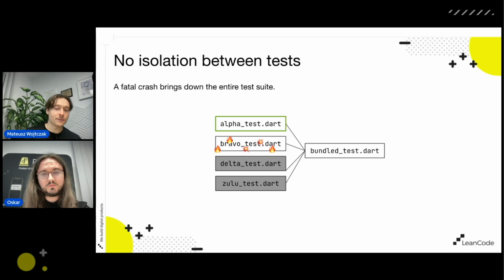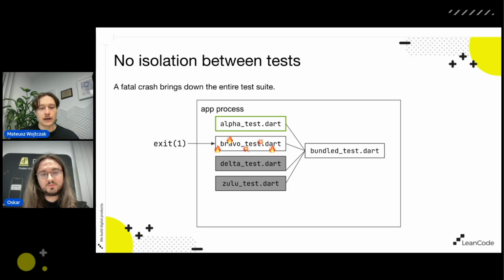Like you end up in a situation where some other library, maybe a native library, or I don't know, there are some unexpected problems with the backend, and your test crashes. Like you would call exit straight from your app code. Because all the tests are in the same process as the app, and this is one runtime, and all the tests are actually run at the same time in this integration test design and architecture, this would bring down the whole test suite.